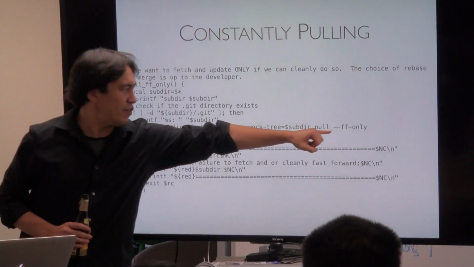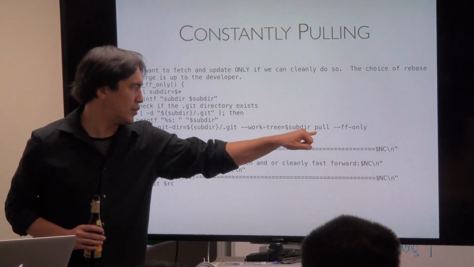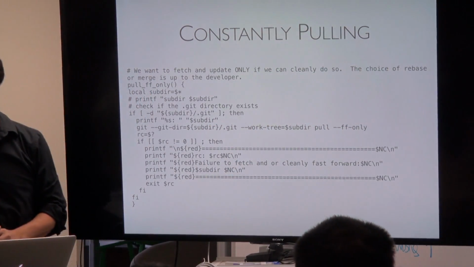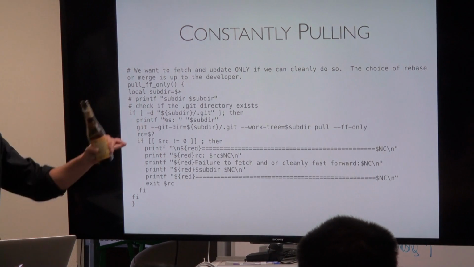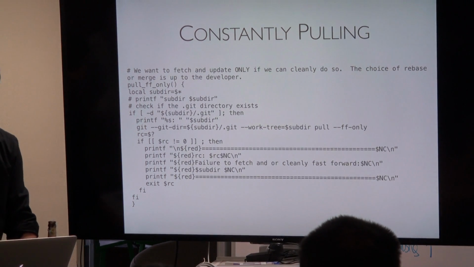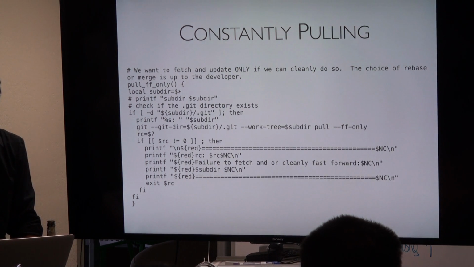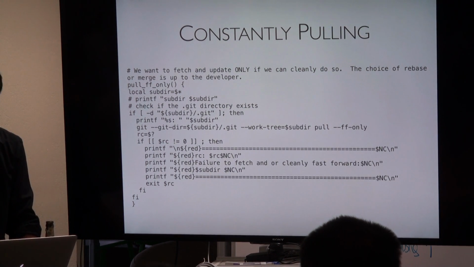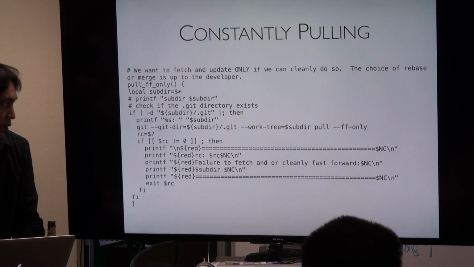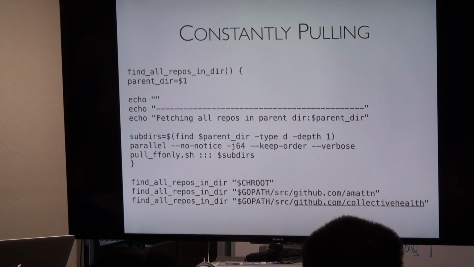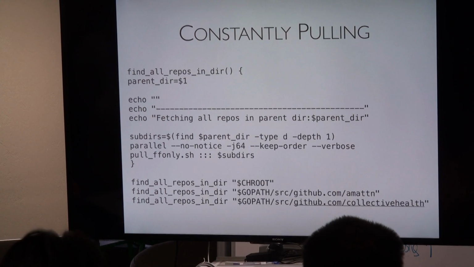This is really nice because I think we're pulling like 30 or 40 repos all at the same time, and it takes like 5 to 10 seconds to do all of those. If there are no changes, the pull operation is pretty quick.